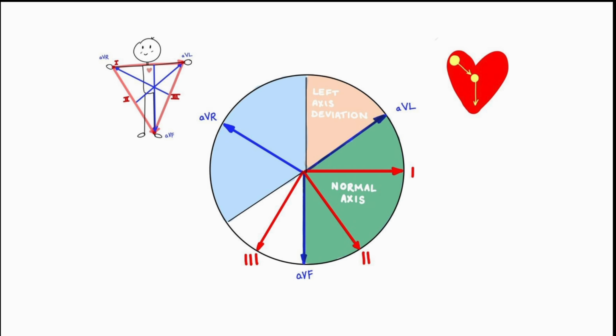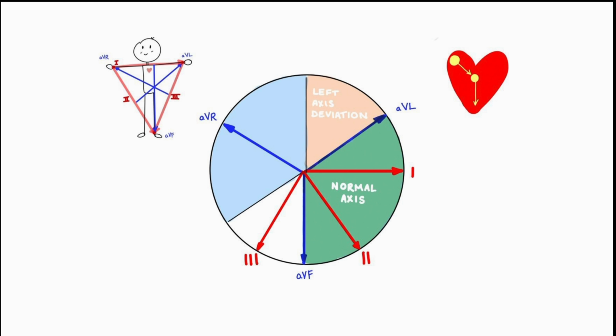Now, the most common cause of that you'll see on the ECG, if the QRS is nice and narrow otherwise, is just a left anterior fascicular block, which is quite common in older patients normally. When we look at the chest leads, we'll take a closer look at exactly what that means.